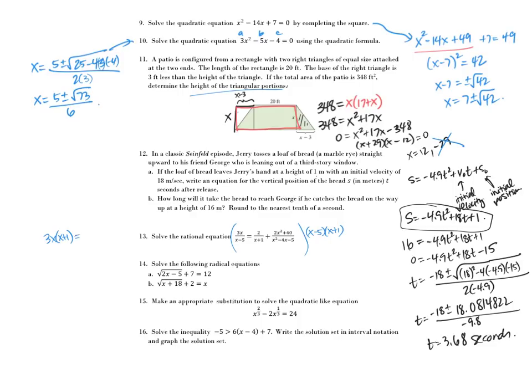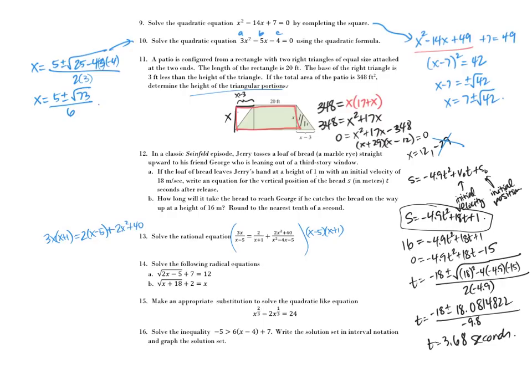And when I multiply the 2 over x plus 1 by x plus 1, that just gives me the 2. So I'm just left with 2 times x minus 5. And when I multiply the 2x squared plus 40 by the x minus 5 times x plus 1, that clears out the whole denominator on that one, and I'm just left with 2x squared plus 40.